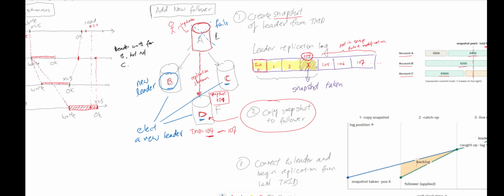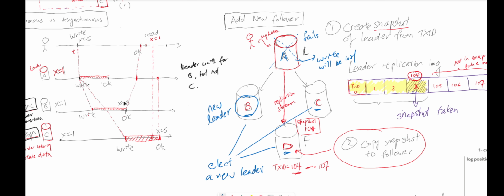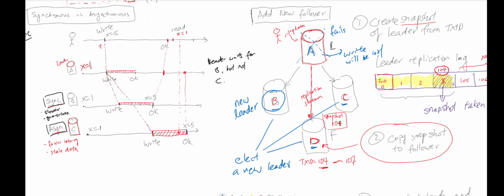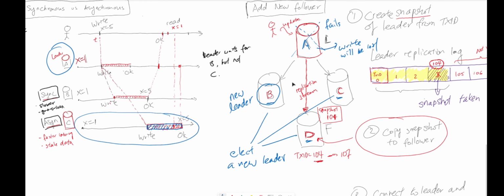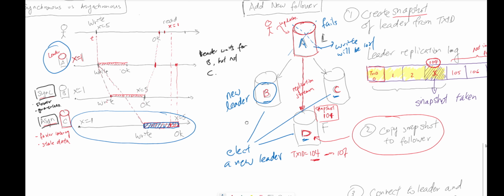Anything that A was processing, all of A's writes will be lost if it's asynchronous. Because as we looked at it here, if any of these have asynchronous writes and our leader goes offline, all of these requests will be lost. So this is the downside if we need to elect a new leader.